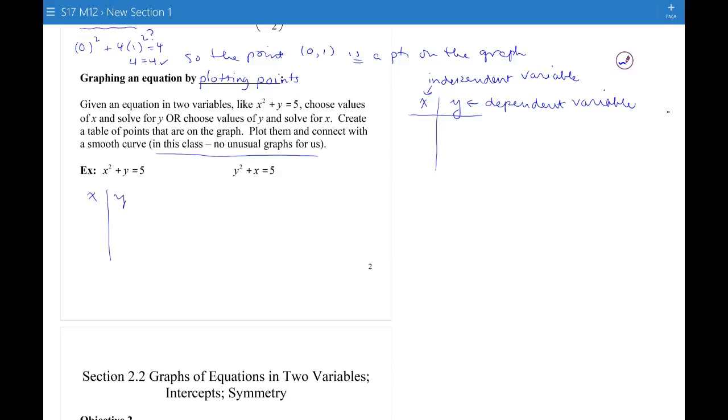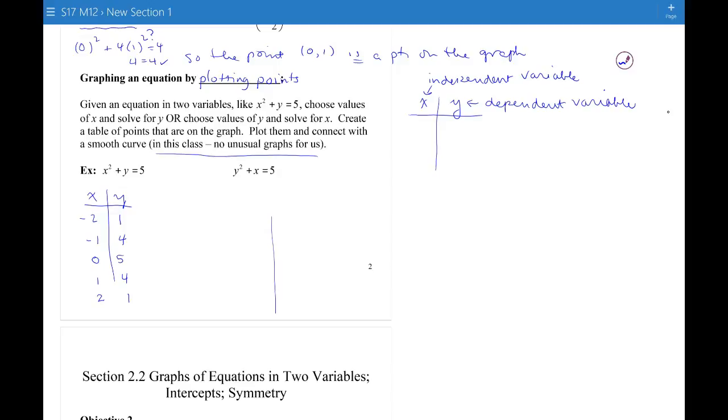So you pick a few values of x. Don't forget to do some negative values. So if x is -2, you get that y is 1. If x is -1, you get that y is 4. If x is 0, y is 5. Oh, we're noticing there is some symmetry here.